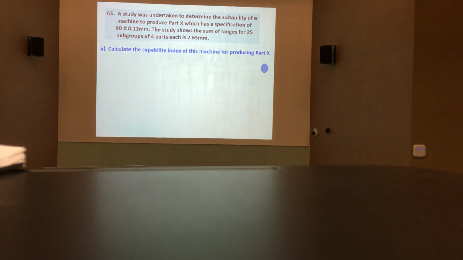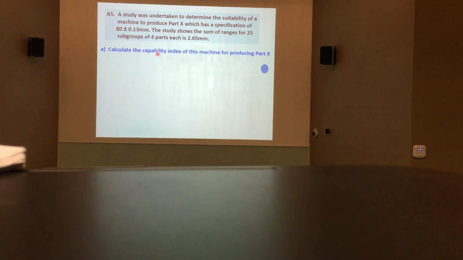For us to calculate the capability index, to calculate Cp, we need tolerance over 6 sigma. But if you look at the information provided, no sigma is given. So first, you need to get sigma. Sigma is obtained using R bar over d2.